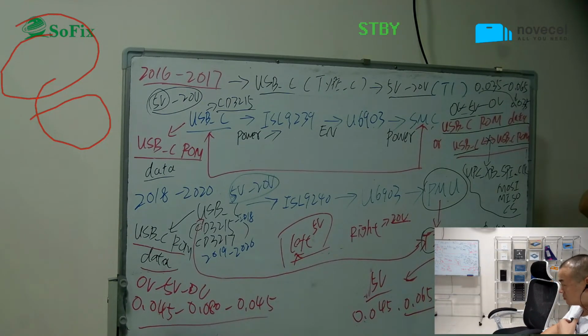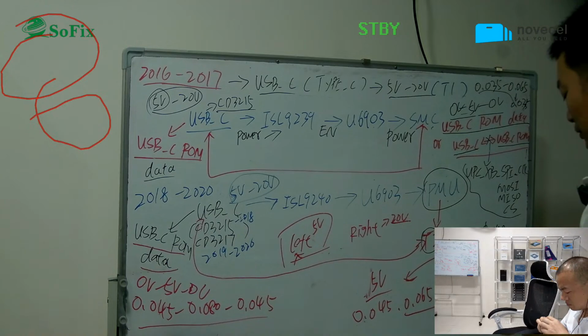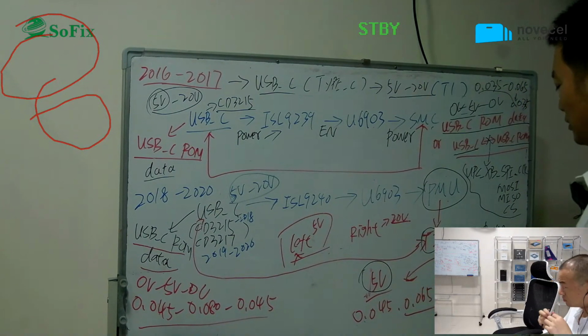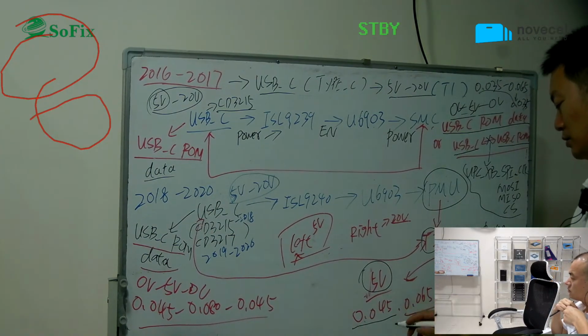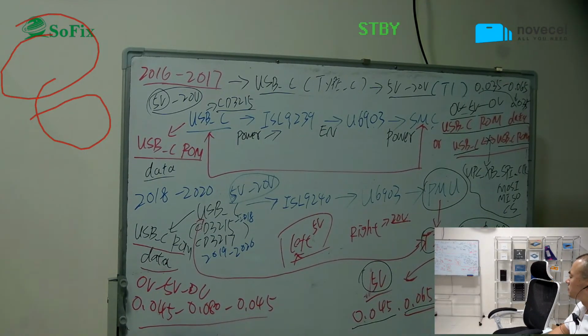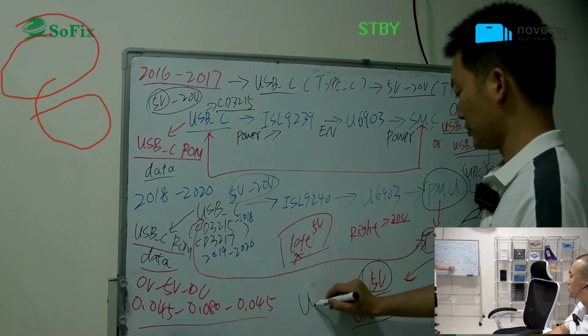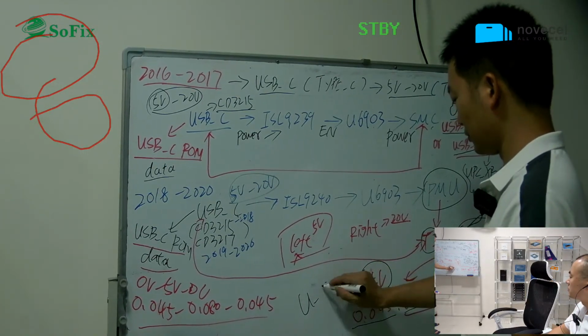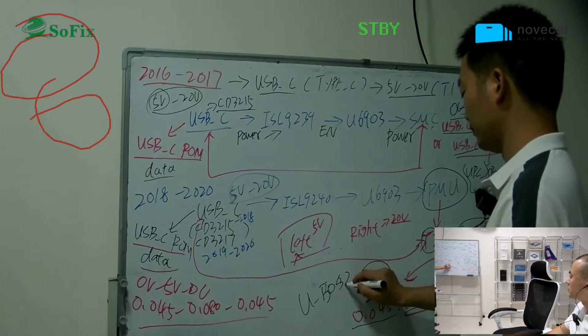So when you see just the 5 voltage, and the current stops at 0.45 or 0.65, this may be T2 ROM data damage. For the T2 ROM data, you use this tool, U box 2, to write the T2 ROM.